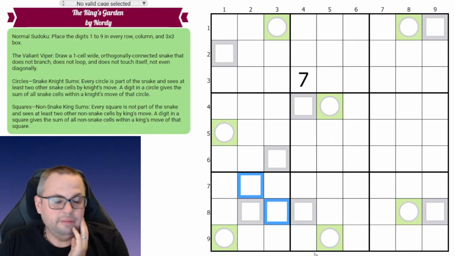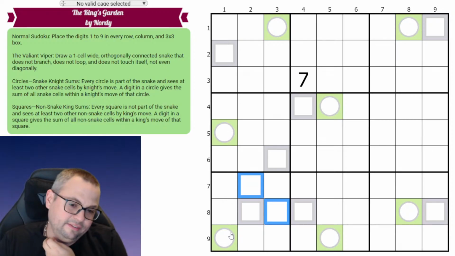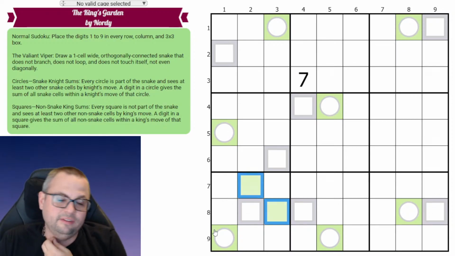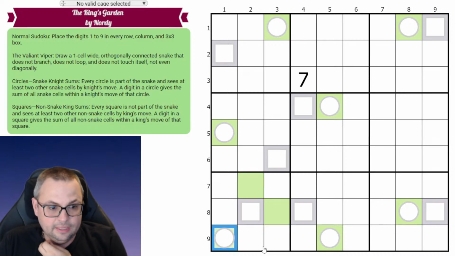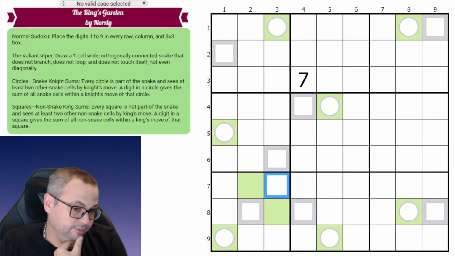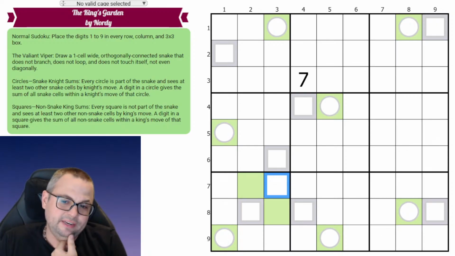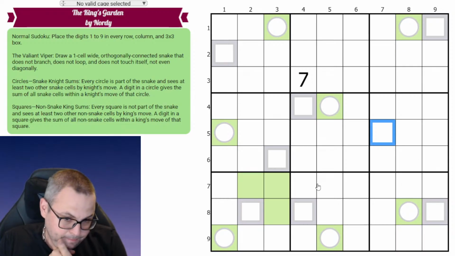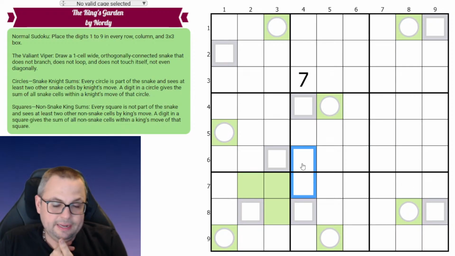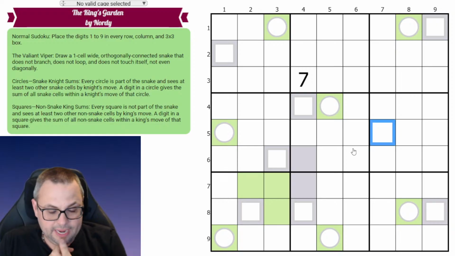I think Jim's point is these are the only 2 cells that this sees by knight's move. And since this is the sum of the 2 of them, these are both in the snake. And the snake doesn't touch itself even diagonally, right? So that means this needs to be in the snake. Which then immediately means that these cells are not in the snake, or the snake would either branch or touch itself diagonally.